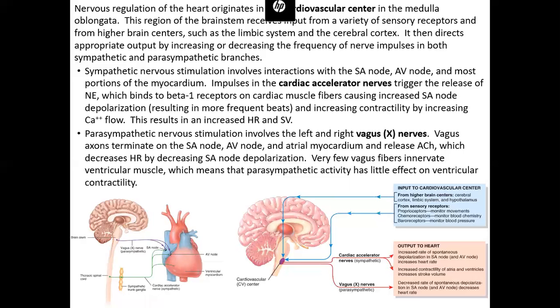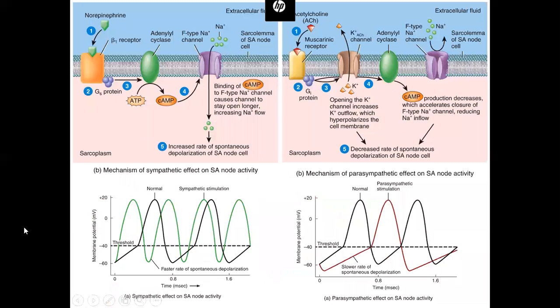Cardiac accelerator nerves could not be any simpler named because that's what they do. They accelerate the heart because they trigger the release of norepinephrine that binds to beta-1 receptors on the cardiac muscle fibers, increasing SA node depolarization, meaning the SA node fires more often. And that's what we're showing here in this illustration on the next page.